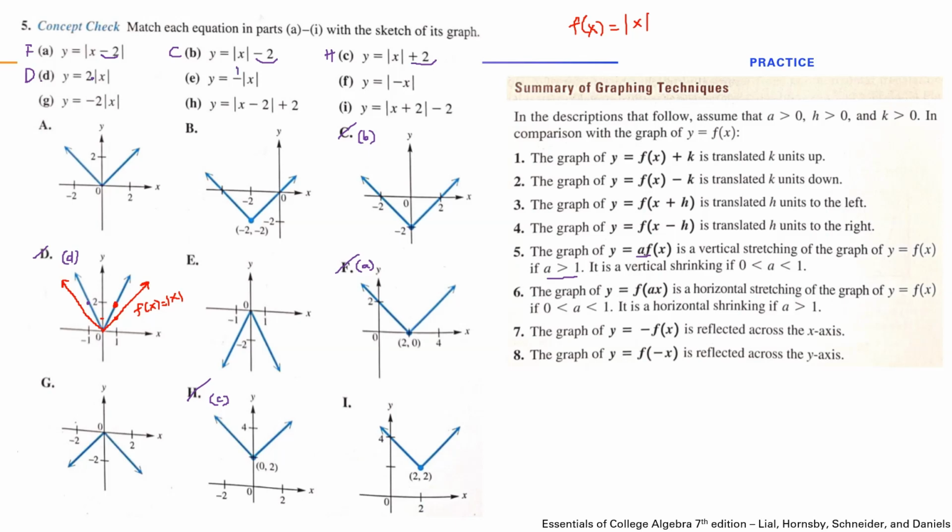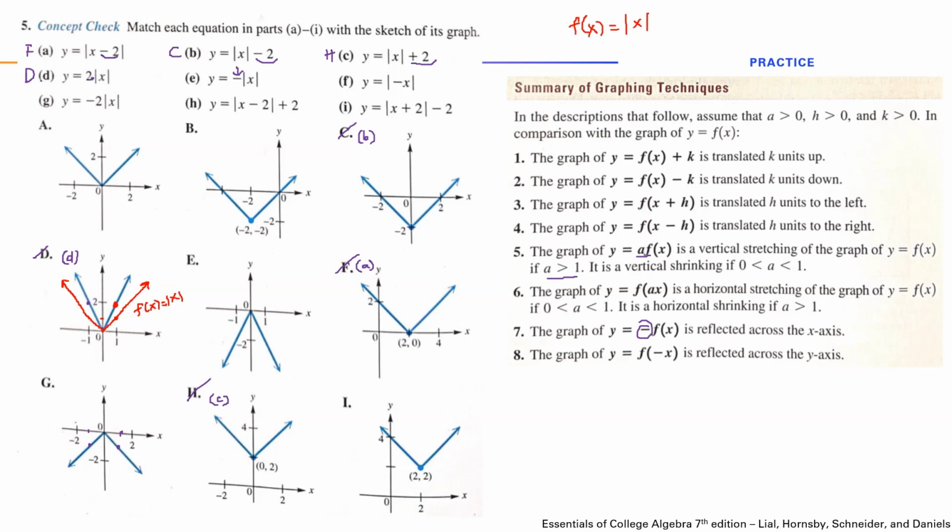For E, the negative outside is reflected across the x-axis. Okay, but we have 2 reflected ones, E or G. So look at G. We have this one, the original function, flipped.